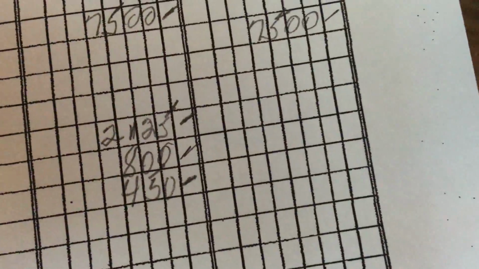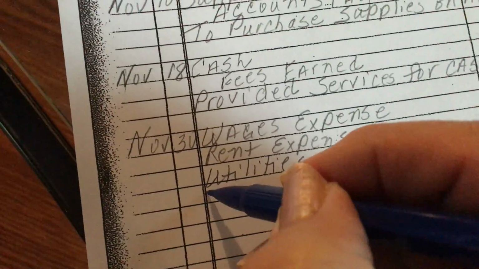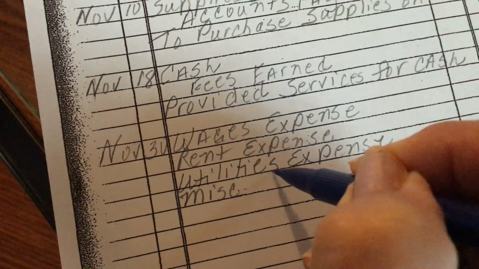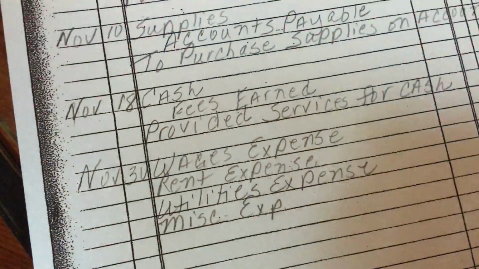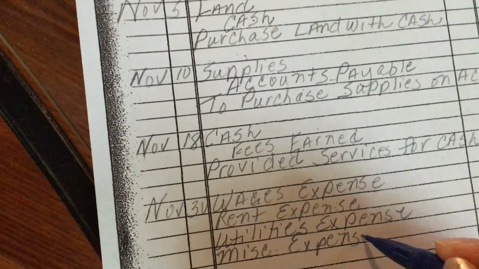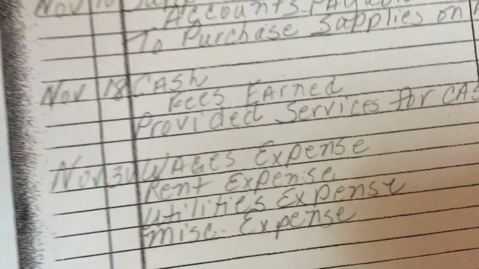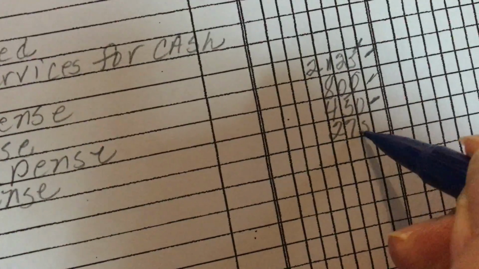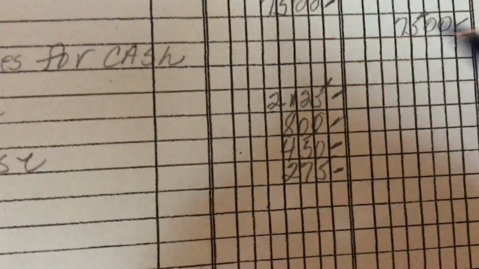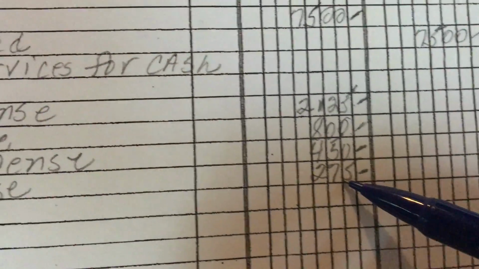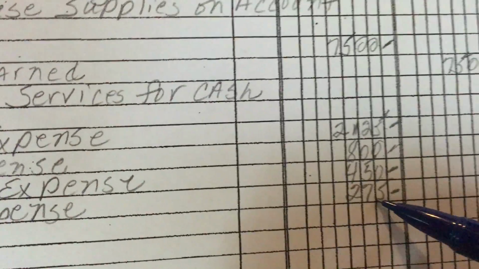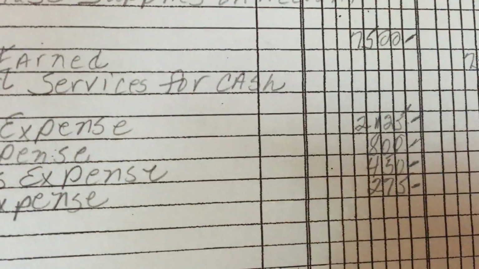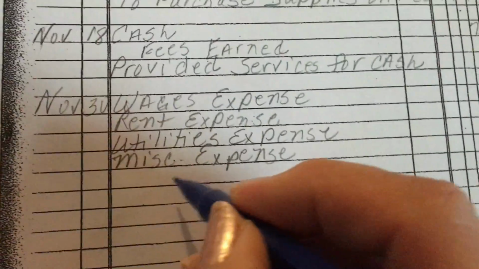Okay. And the next one was miscellaneous expense. And that amount was $275. Miscellaneous expense. $275. So come here. Now, if you get your calculator and you add all four of these expenses together, we came up with a total of $3,650. So that will be our credit to cash.